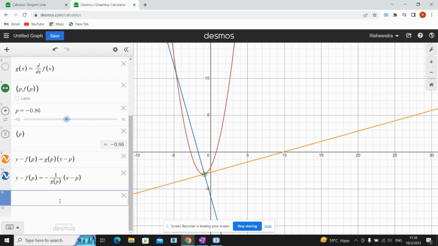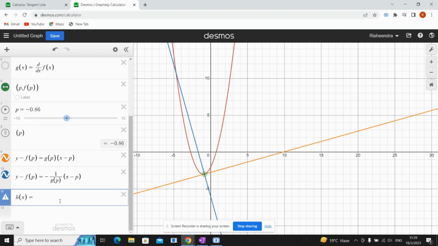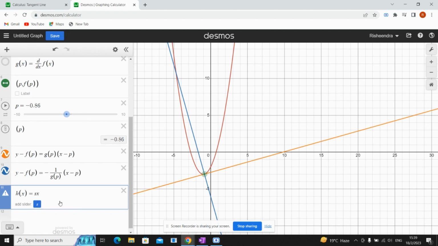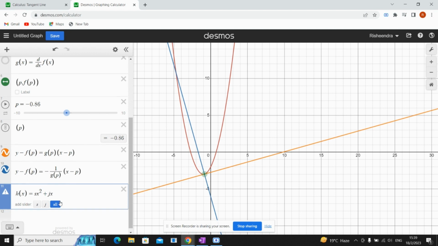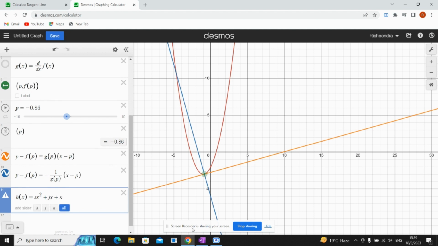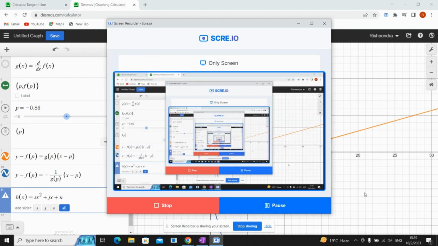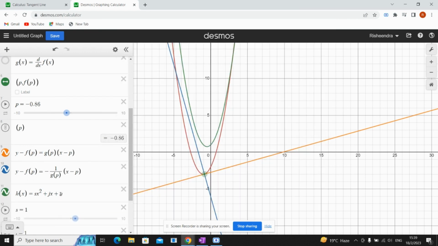I'm taking another curve, h of x, equal to, let's say, a already used, so jx squared plus, let's say, hx plus n. Like, add all the values.